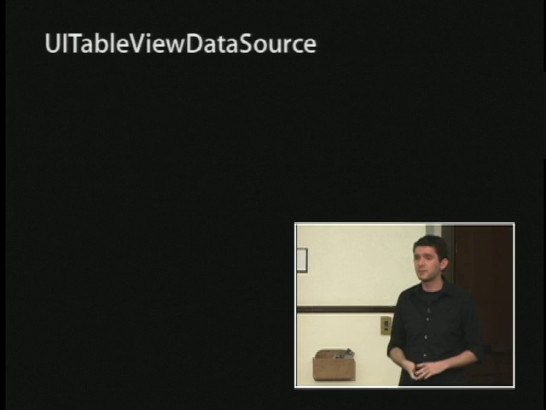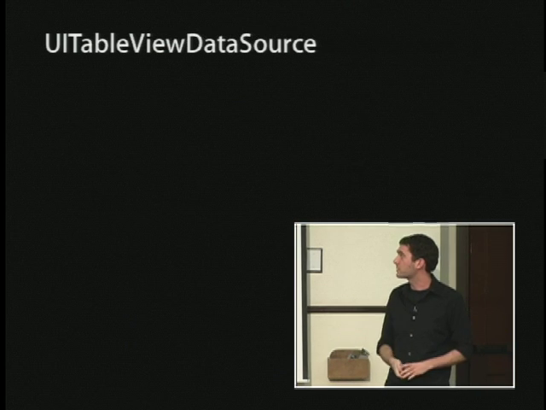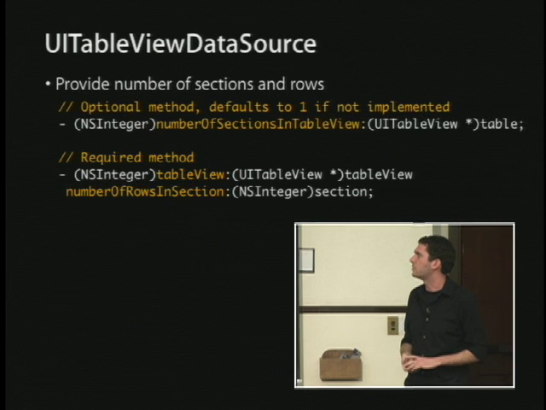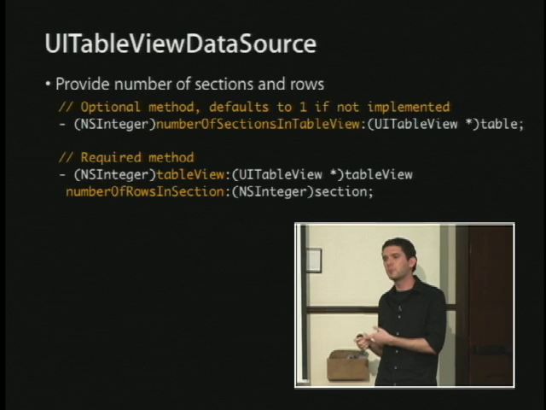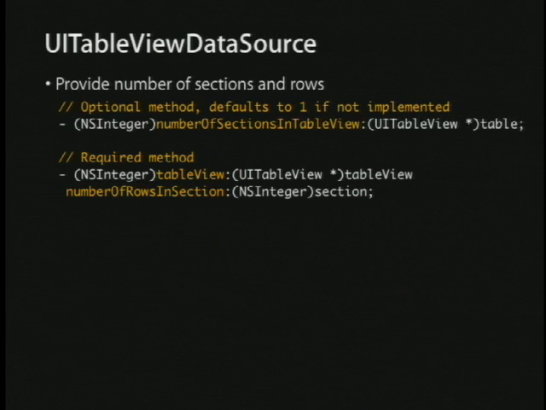That's declared with the UITableViewDataSource protocol. It's another Objective-C protocol, so @protocol UITableViewDataSource. It provides a number of sections and a number of rows as the first two methods that you can implement. The first one is actually optional. numberOfSectionsInTableView lets you specify how many of those sections we were just talking about your table view should have. The default, if you don't implement it, is 1, so you don't actually have to implement that unless you need more than one section.